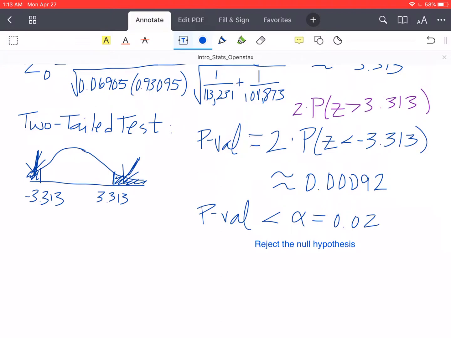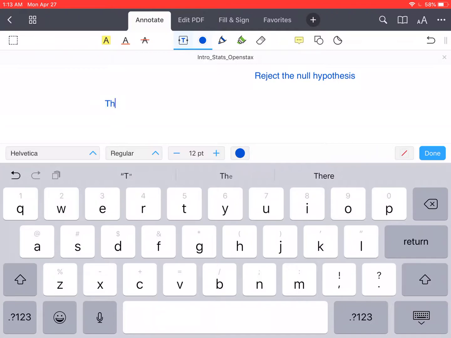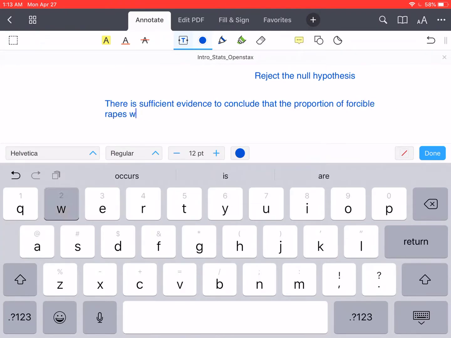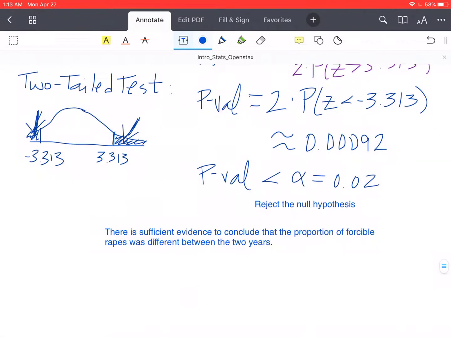We're just saying that it was different. So not the same, not equal. So we can say there is sufficient evidence to conclude that the proportion of forcible rapes was different between the 2 years.